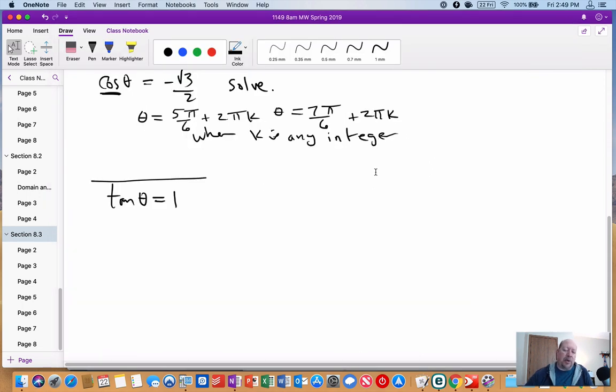And so see what happens when we do that, and I think you'll see what I mean here. So if we let theta equals pi over 4, which was the first angle we come to in going around the unit circle, and add to that its period, pi times k, where k is any integer.